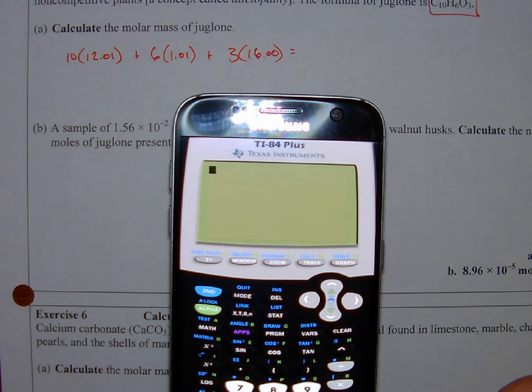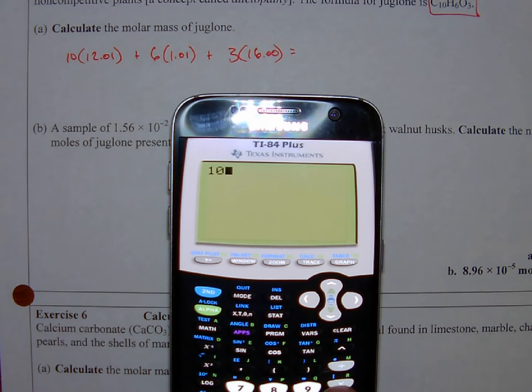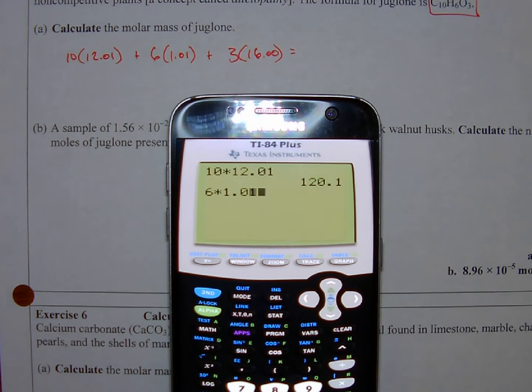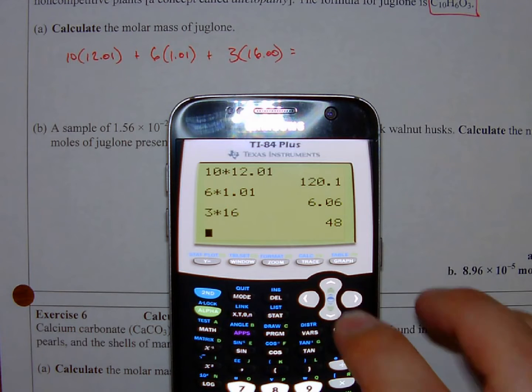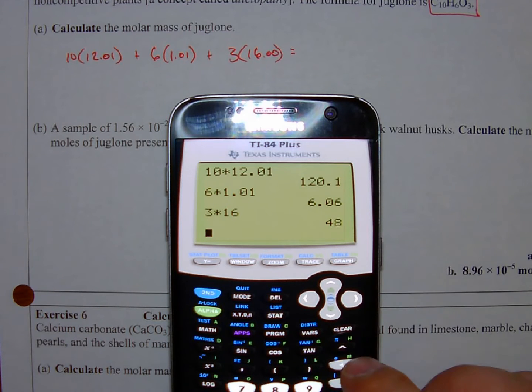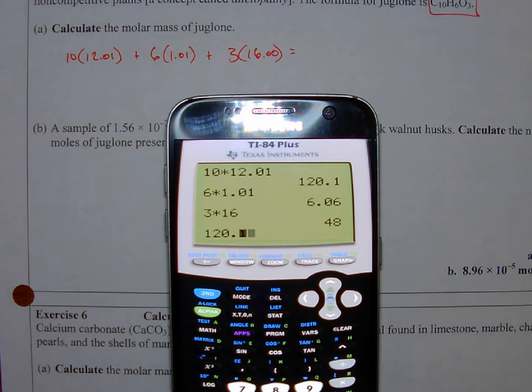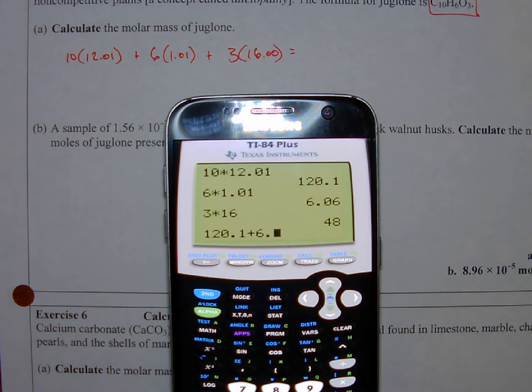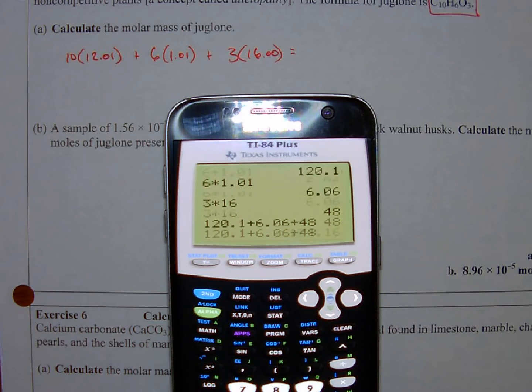Now, I could go 10 times 12.01. And I could go 6 times 1.01. And then I would finish up by going 3 times 16. And if I was super, super savvy, I could add those all up. And I would get the right answer.